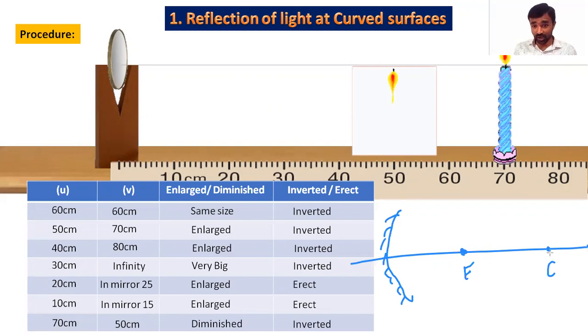When I place the object at 60 centimeters, where is my image obtained? At 60 centimeters. What are the image characteristics? Same size and it is inverted, right? Same size and inverted. Is it clear or not?